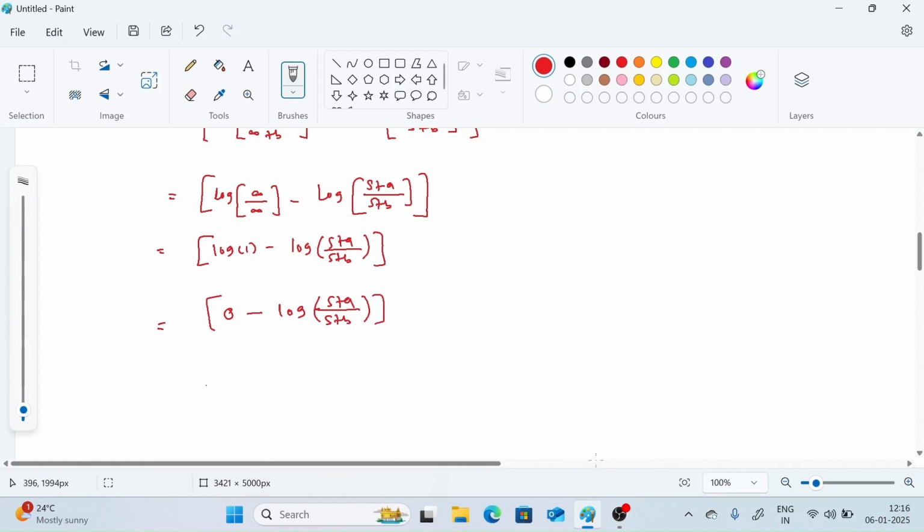So, minus log of s plus a upon s plus b.